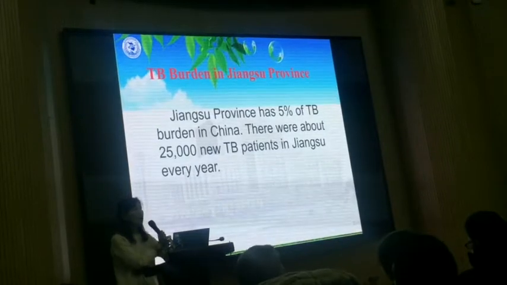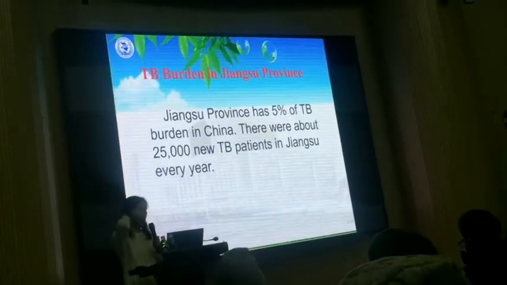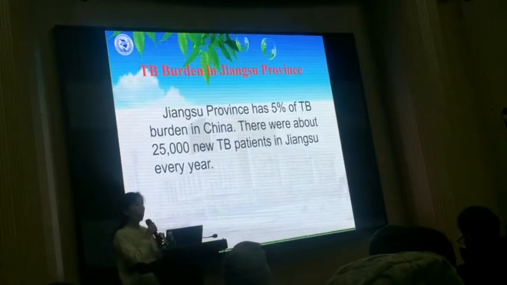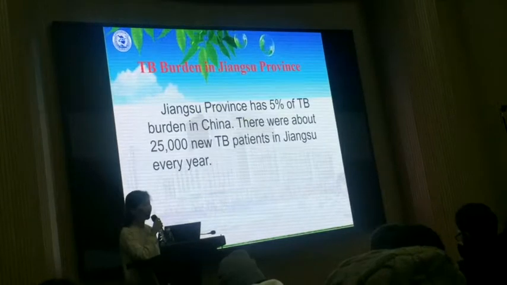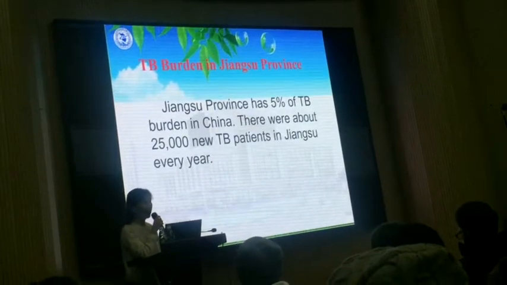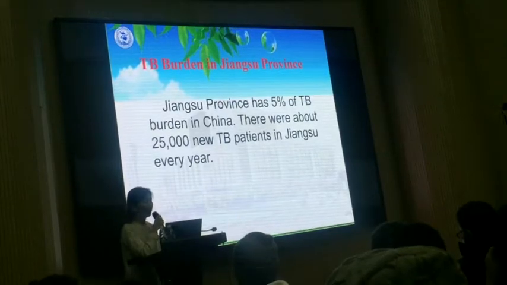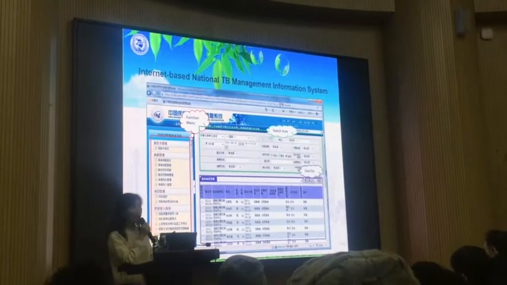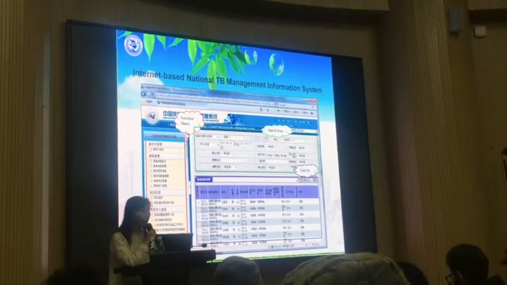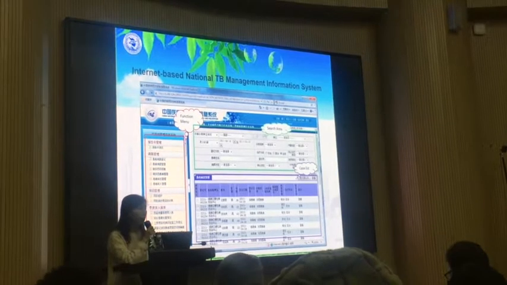Next, I will introduce TB burden in our province, Jiangsu province. Jiangsu province has 5% of TB burden in China. There were about 25,000 new TB patients. This system is the internet-based national TB management information system.